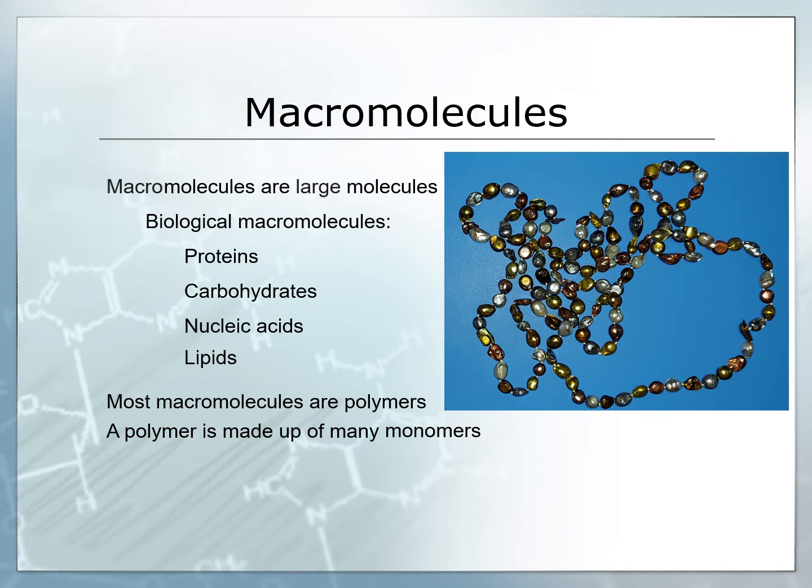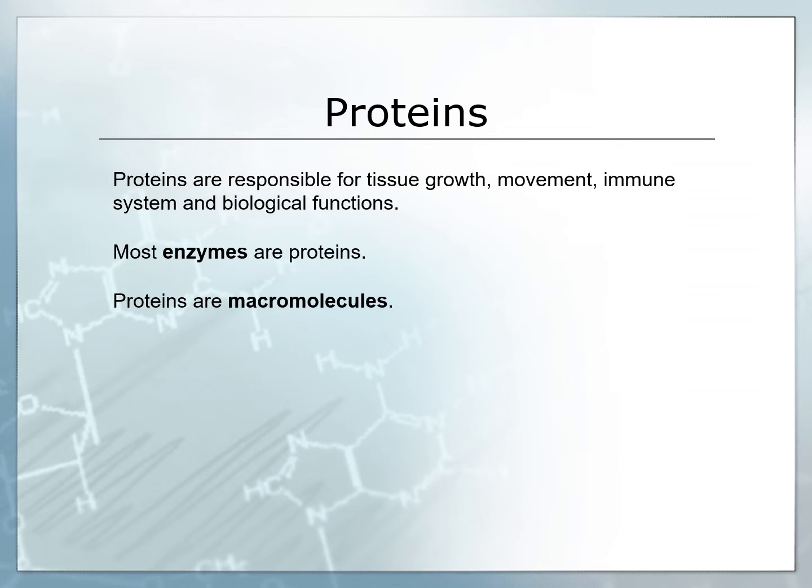A polymer is composed of many monomers. If you think of a monomer as one of these beads, the polymer is the chain of beads. The prefix poly means many, and the root word mer means part, so a polymer is many parts. Since mono means one and mer is still a part, monomer means one part.